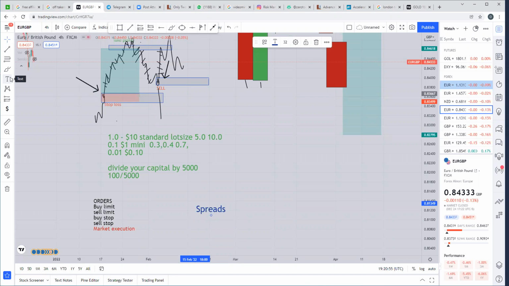What that means is that with your $1, you will be able to leverage on $200 worth of units in the market, buying or selling. You get what I'm saying? So that is what leverage is.